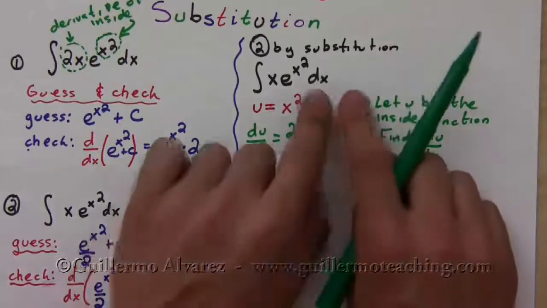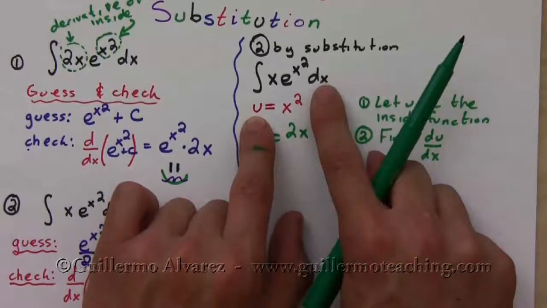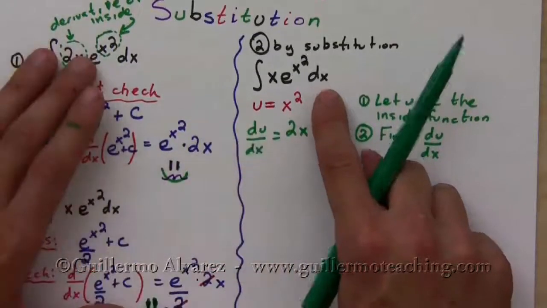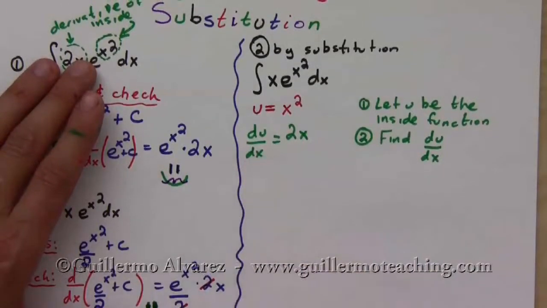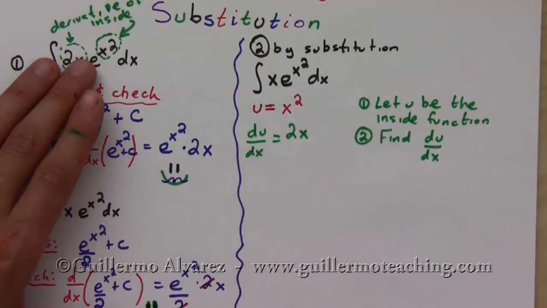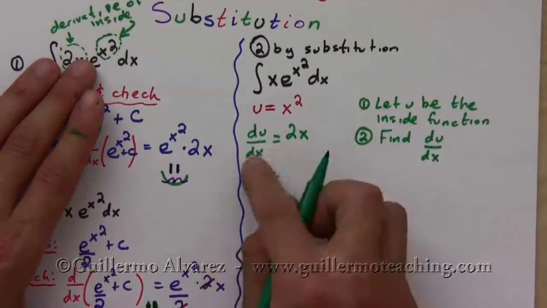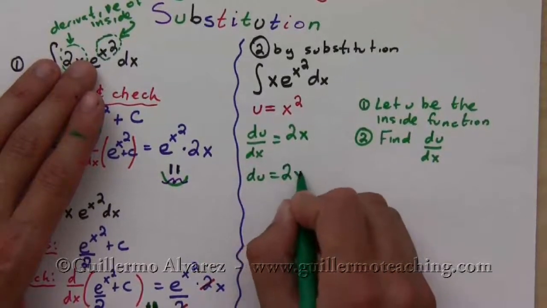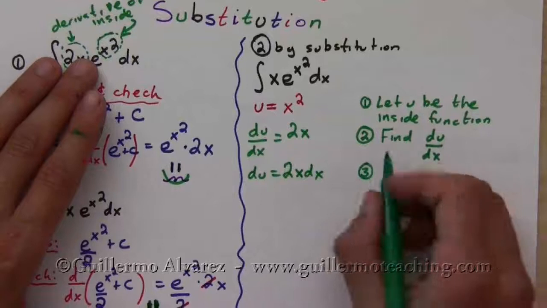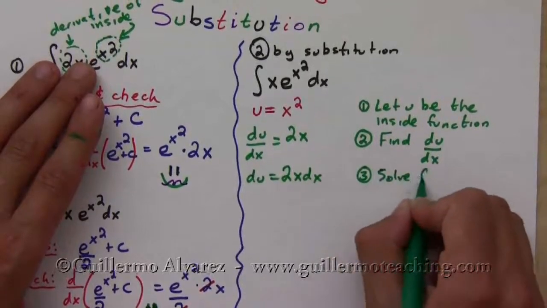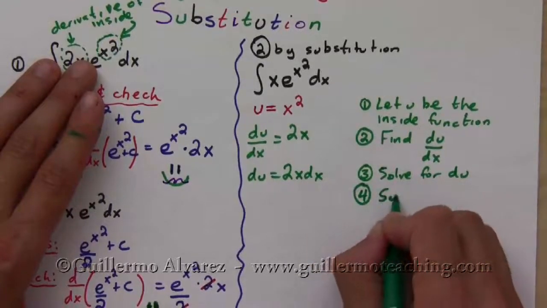And since I have the differential with respect to x, and I'm going to change everything to u's, I also need to change this into du. So I'm going to solve for du here. If I multiply both sides by dx, I get that du is 2x dx. Okay, so this is step 3, solve for du.